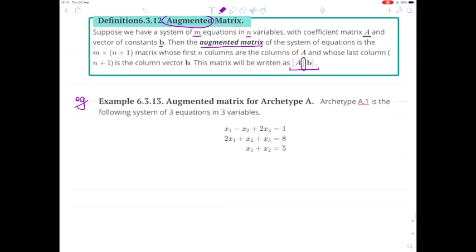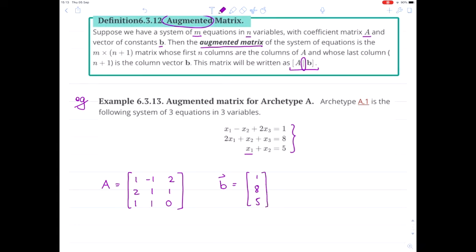So what does it look like? Well, if we've got this system of equations over here, our coefficient matrix is 1, minus 1, 2, 2, 1, 1. Be a little bit careful here. We've got coefficient of 1 for x1, 1 for x2, and 0 for x3. Our vector of constants is 1, 8, 5.